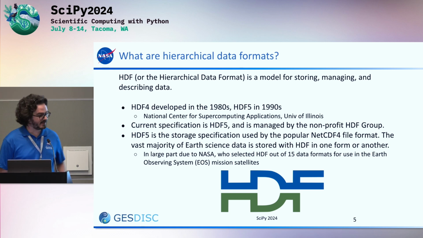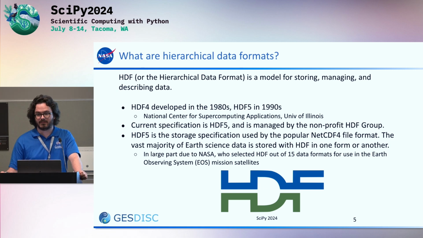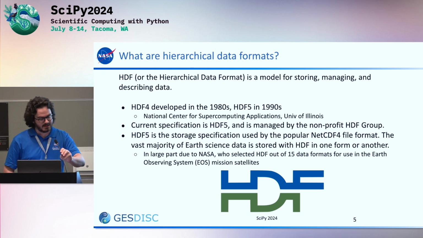So HDF, in case some of you aren't aware, is a model for storing, managing, and describing data. HDF4 dates back to the 1980s. HDF5, which is probably the more well-known version, came out in the 1990s from the National Center for Supercomputing Applications at the University of Illinois. The current spec is HDF5. It's managed by the nonprofit HDF Group, and it's the storage specification for a vast majority of Earth observing data.